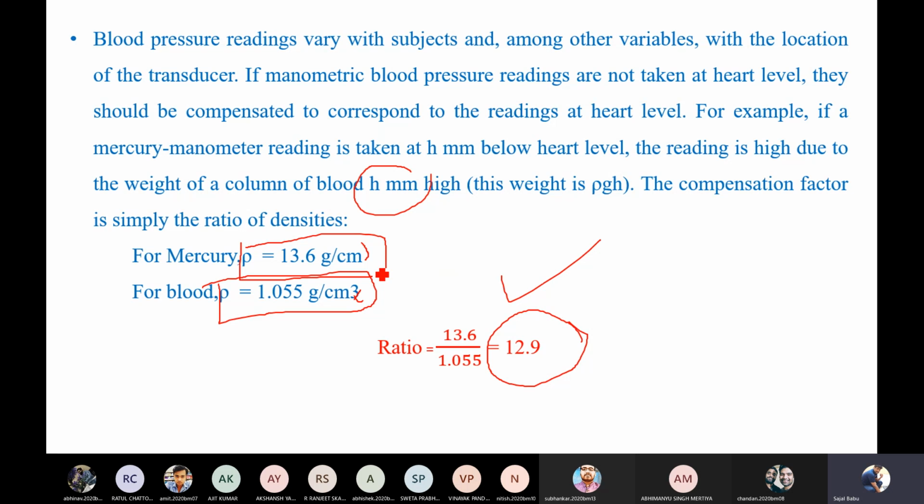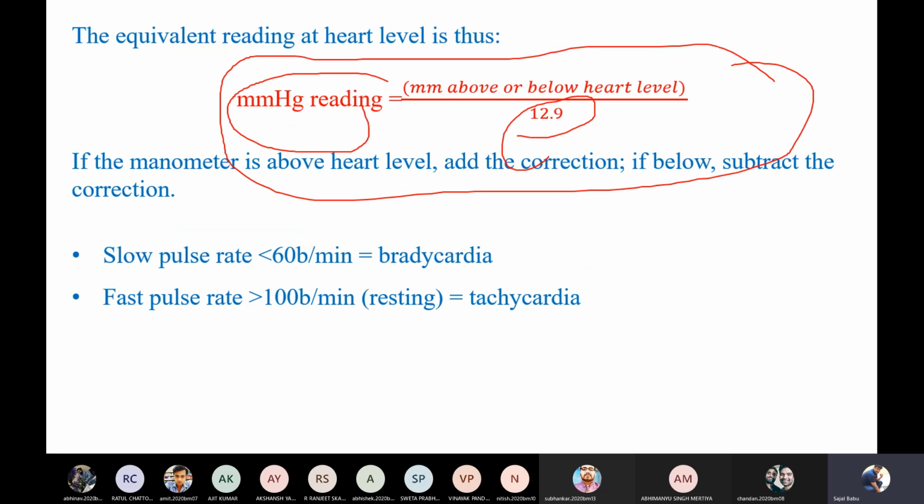So you take the ratio of mercury and blood. Let us consider I measured below the heart level: then measure how much below, take the height in mm, and divide it by 12.9. That will be your correction factor. Whatever final reading you get, if you measured below the heart level, subtract the correction factor from systole and diastole.